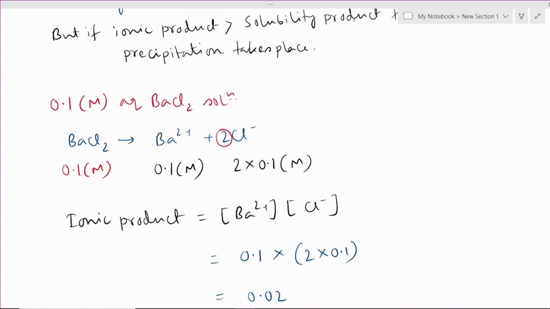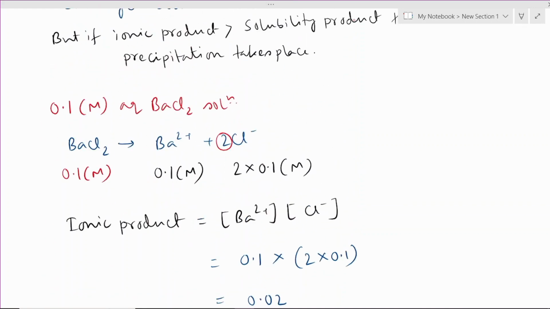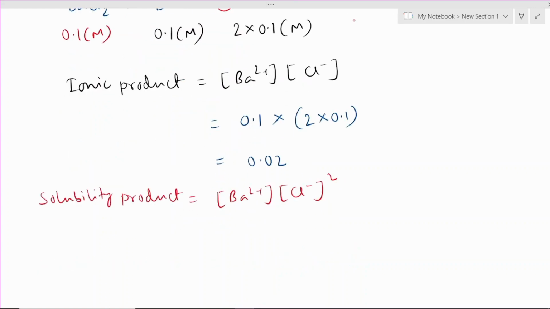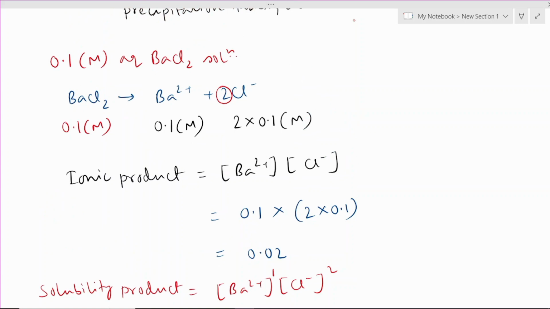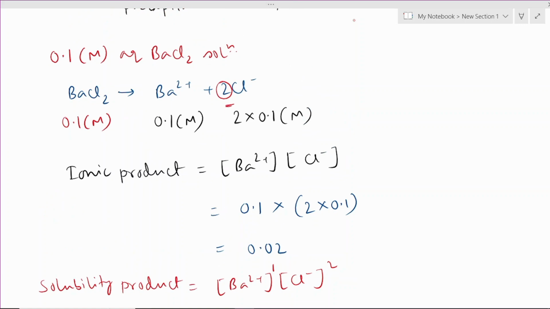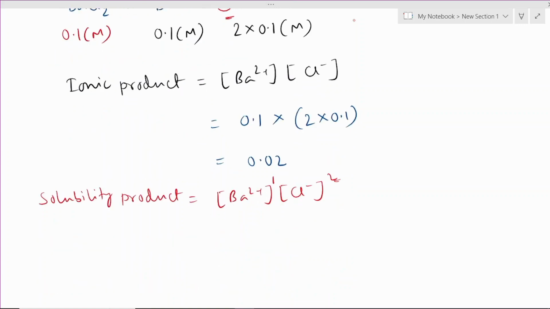So here the coefficient of Ba2+ is 1, so the power is 1, and the coefficient of chloride is 2, so the power is 2. So the solubility product will be 0.1 into 2 into 0.1 squared, so it will be 0.004.